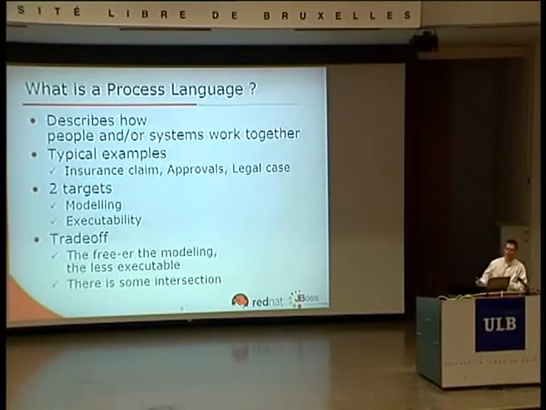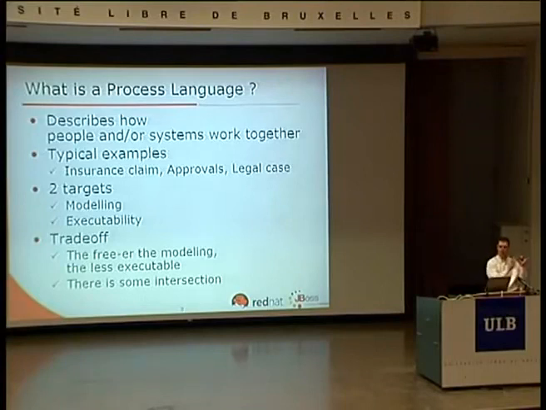The other end of the spectrum is a general purpose language like Java, in which you are free to make everything executable, but you cannot have the graphical picture. And that's where JPDL tries to make the bridge between the two. So there is a trade-off. The more you want the process language to be executable, the more technical details you have to enter, like transaction management, concurrency support, and what have you, in which your business analyst is not interested.